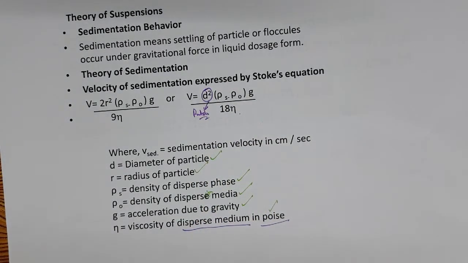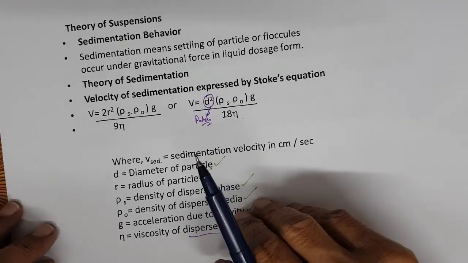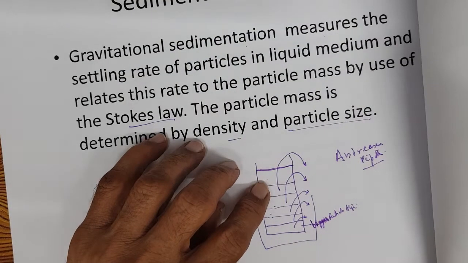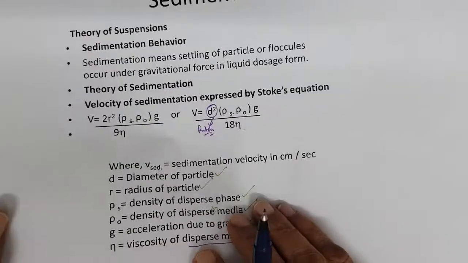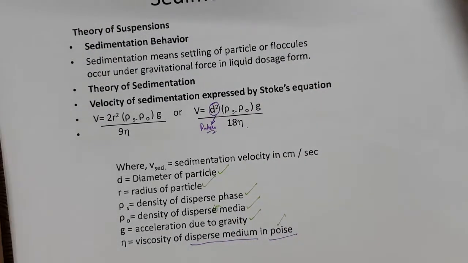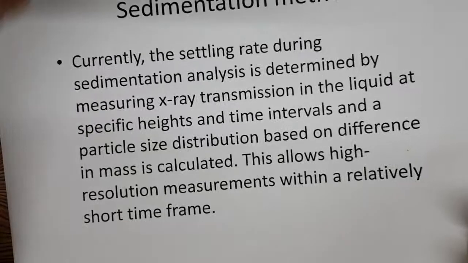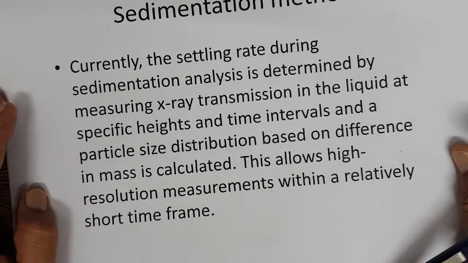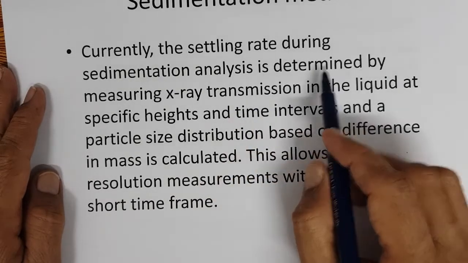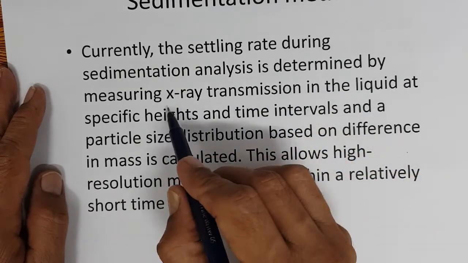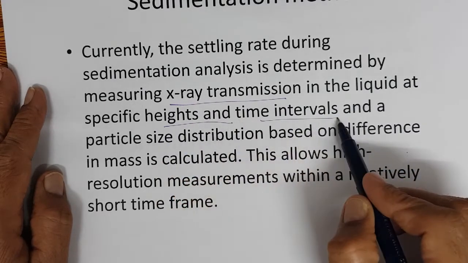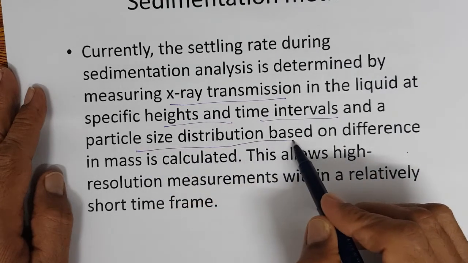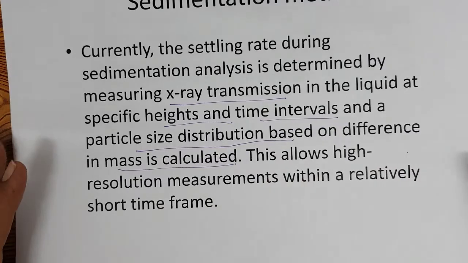So in the traditional method, using a pipette, the liquid is taken from various zones, dried and evaluated, right? Currently, the settling rate during sedimentation analysis is determined by X-ray transmission in the liquid at specific heights and time intervals, and particle size distribution based on difference in mass is calculated.